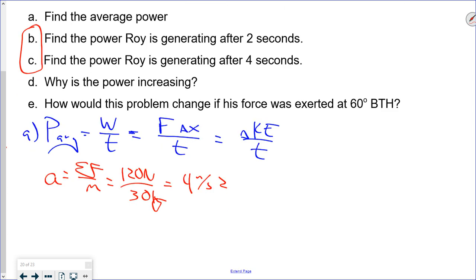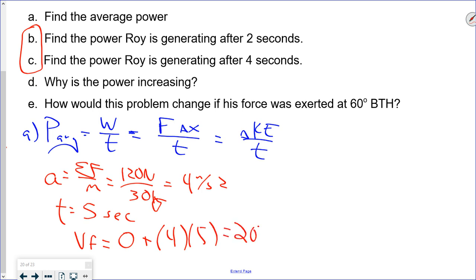So that means that after 5 seconds, our final velocity will be, well, we started at rest, so v_i plus a times t, right? 4 times 5. So our final velocity is 20 meters per second. Our change in kinetic energy is KE final minus KE initial over time.